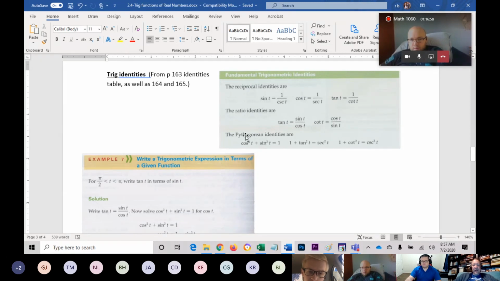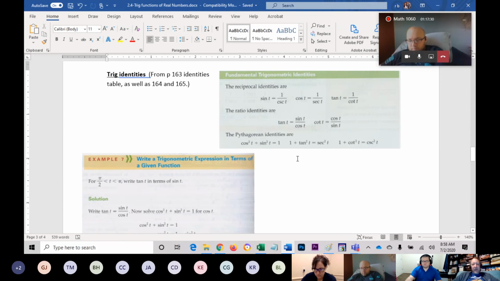And so the Pythagorean identities are cosine squared of t plus the sine squared of t equals 1. You can think of this as x squared plus y squared equals 1. So that's just your triangle identity. 1 plus the tangent squared equals the secant squared. And 1 plus the cotangent squared of t equals the cosecant squared of t.